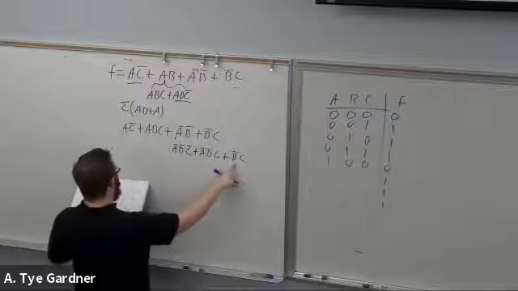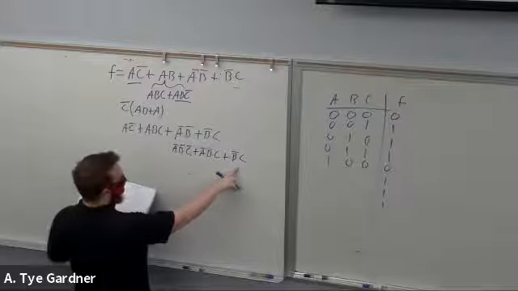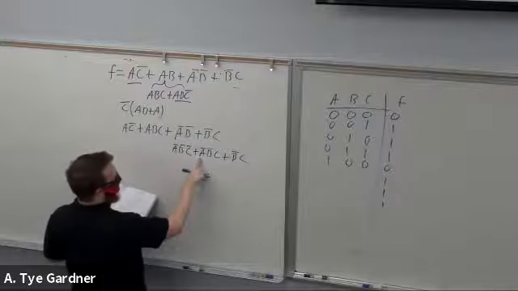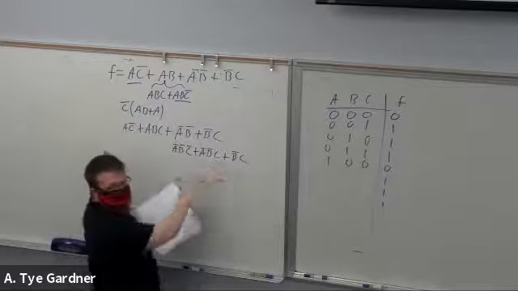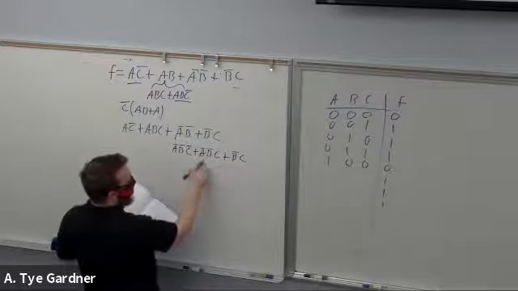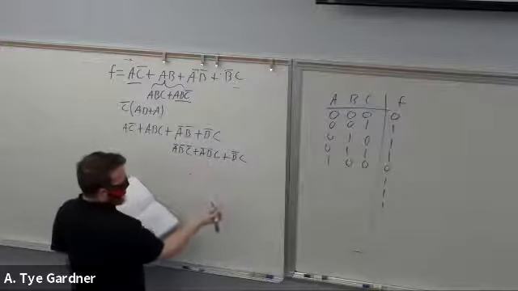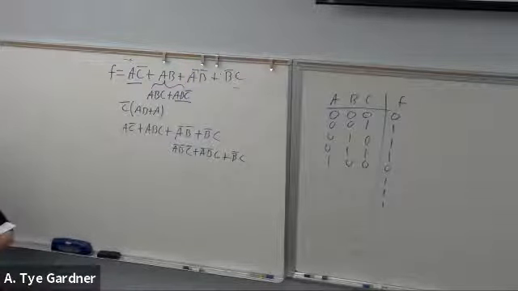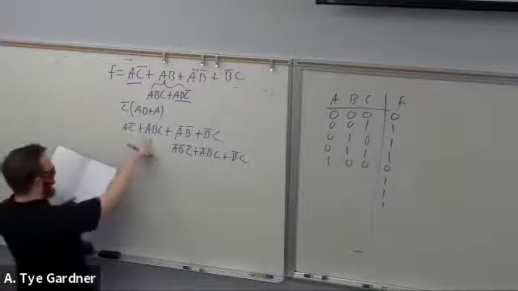So splitting this one out can actually help as well in order to get the A's. Because here I've added the C, here I've added the B. I could also just factor out the C and say C, A bar, B bar, B bar, and simplify it down that way, right? I could do the same thing. And I'm going to figure out which one of those two that I did. So I have AC bar, ABC.